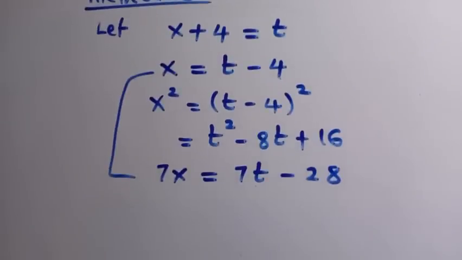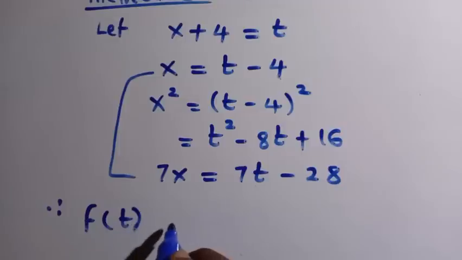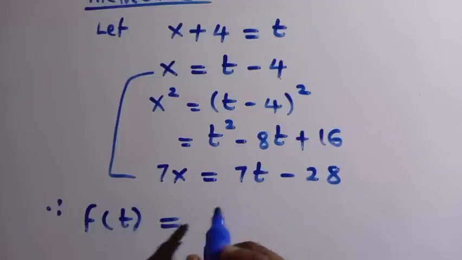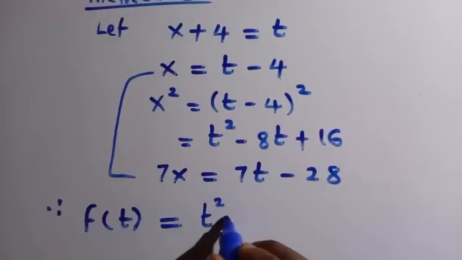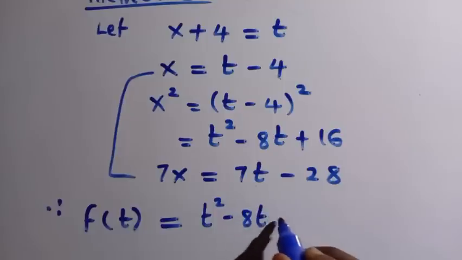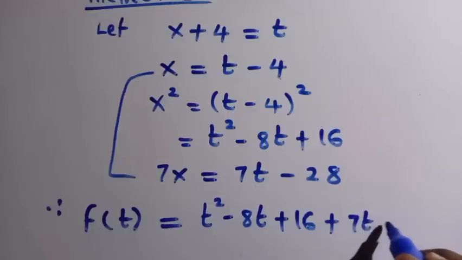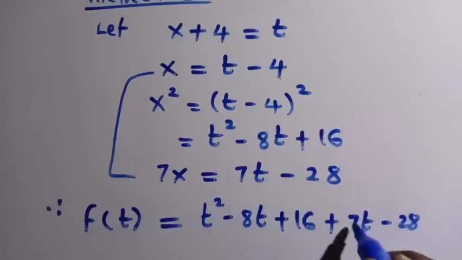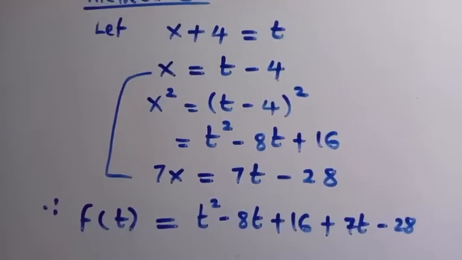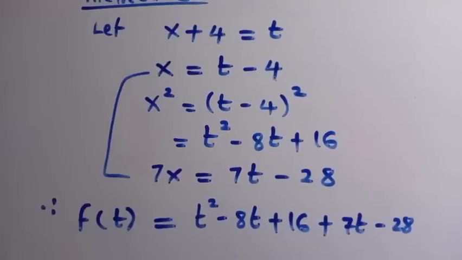And by replacing everything in the given question, instead of f of x plus 4, we change it to f of t equals, so x squared has been gotten to be t squared minus 8t plus 16. Then plus 7x has been gotten to be 7t minus 28. While the last one here is a constant value, and that is plus 6.